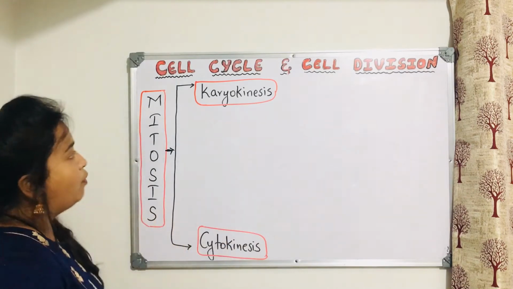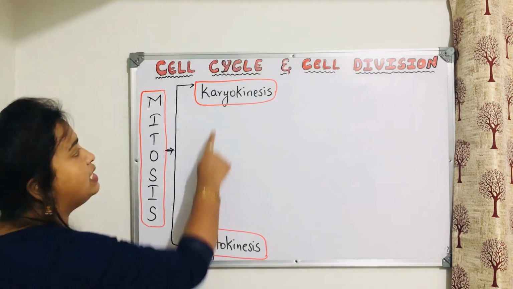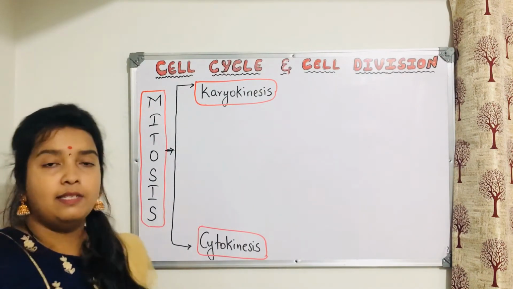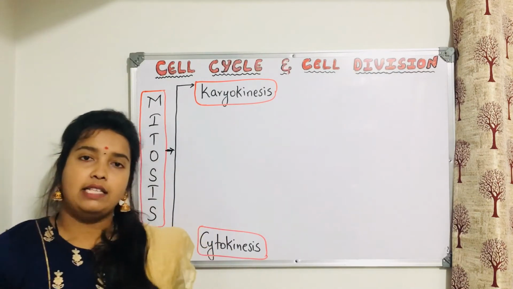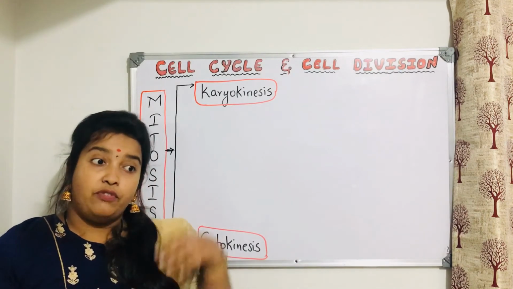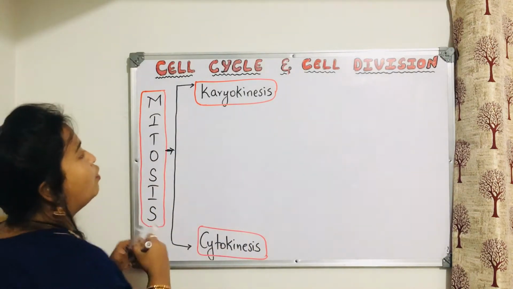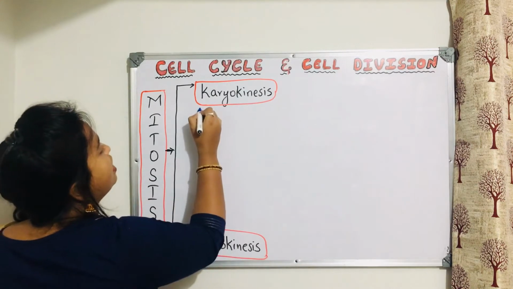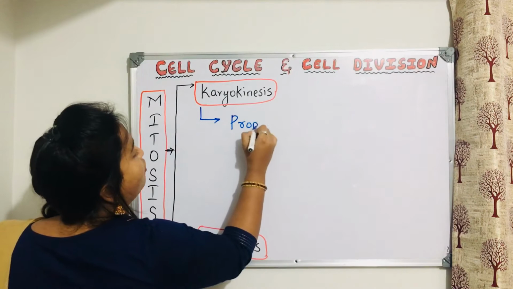Now, we have to discuss everything in detail. So, we will see the different stages of karyokinesis. As soon as the G2 phase ends in the interphase, the next phase is karyokinesis. And which is the first stage in karyokinesis? One by one we will see those steps. The first step in karyokinesis is called prophase.